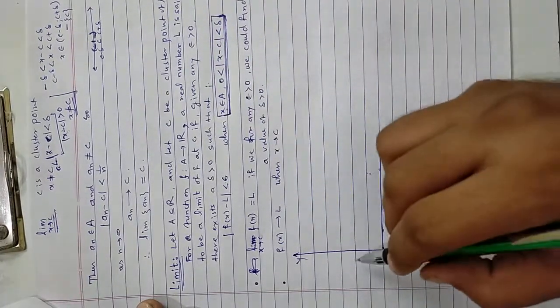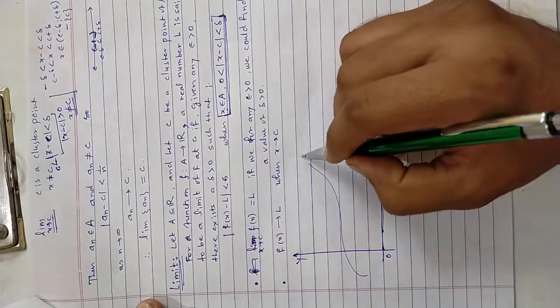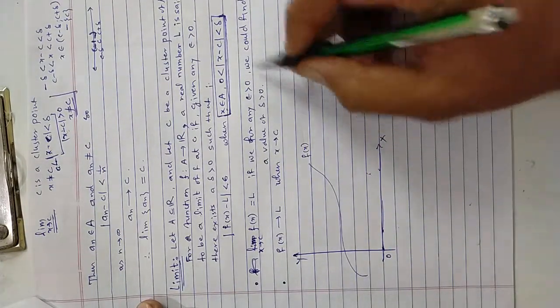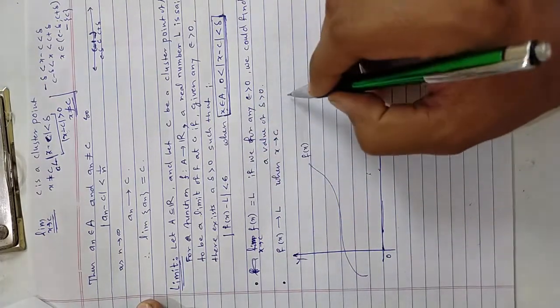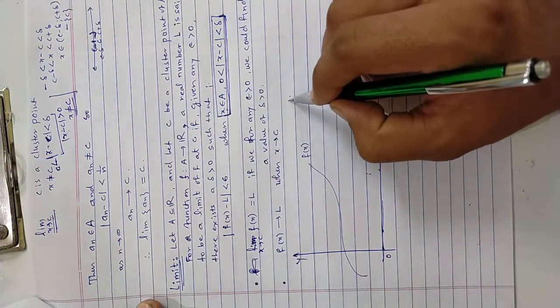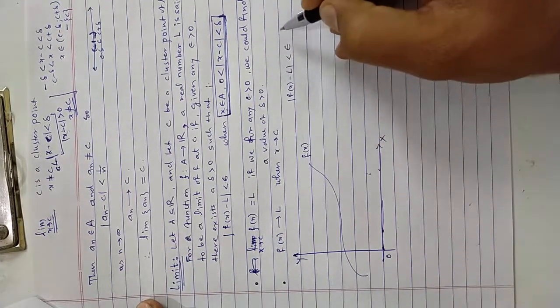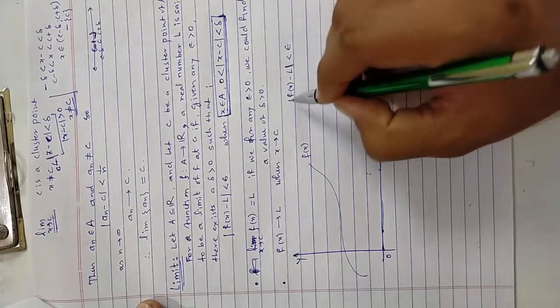So suppose this is a graph of a function f. We have drawn graph in our previous lecture. Then there exists a delta greater than 0 such that modulus fx minus L is less than epsilon. So we have seen this inequality. Simplify this inequality, what does it mean?